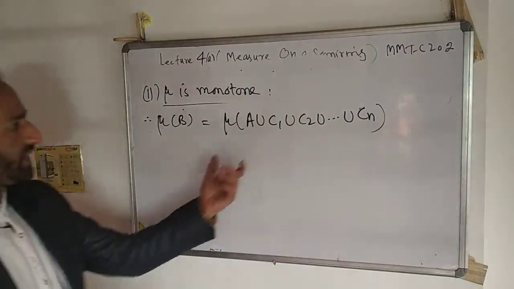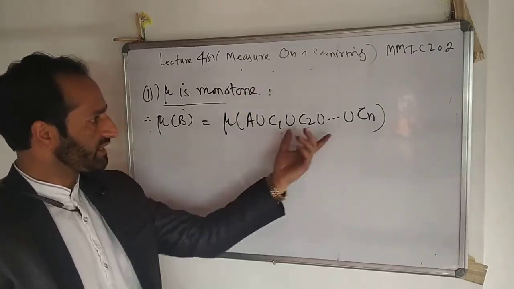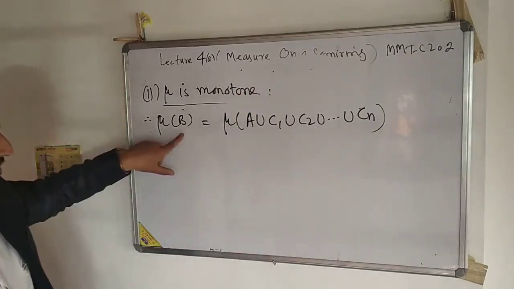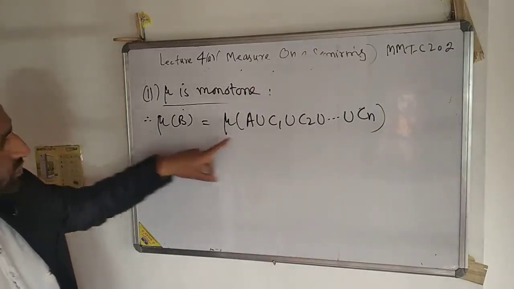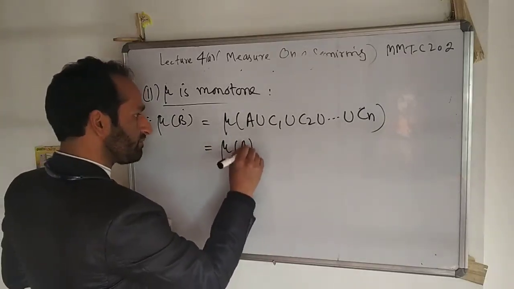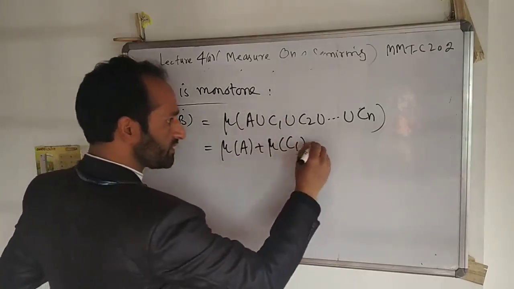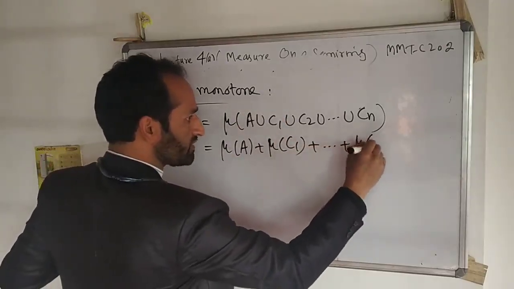Look at this union. It's a finite disjoint union of sets of S, and this union is equal to B. It belongs to S. So we can write it as mu of A plus mu of C1, by part 1 of this theorem, plus mu of Cn.